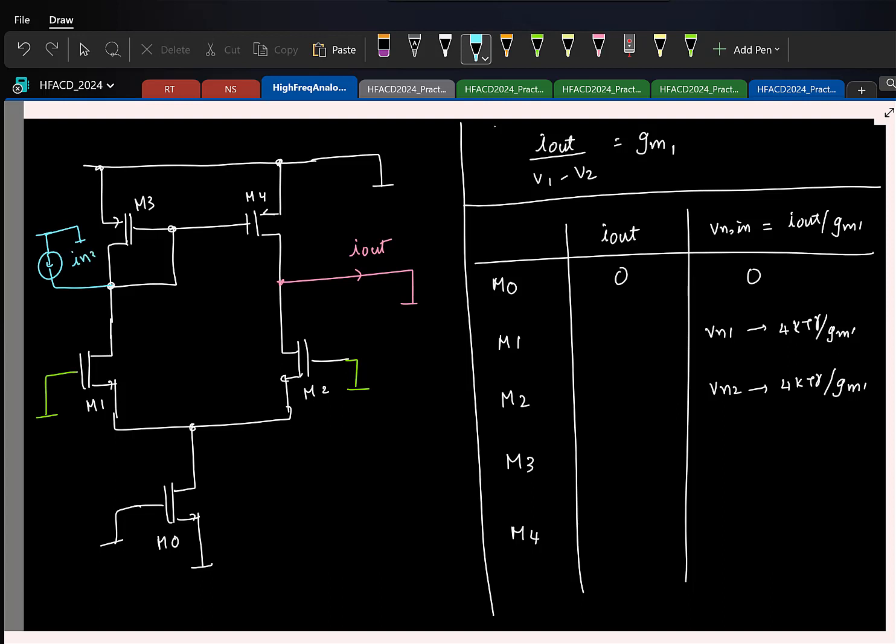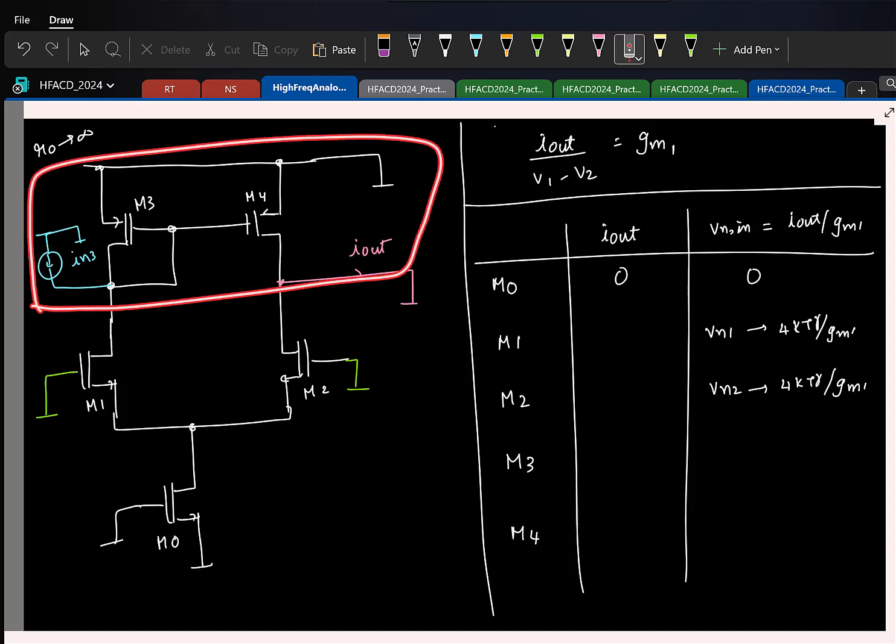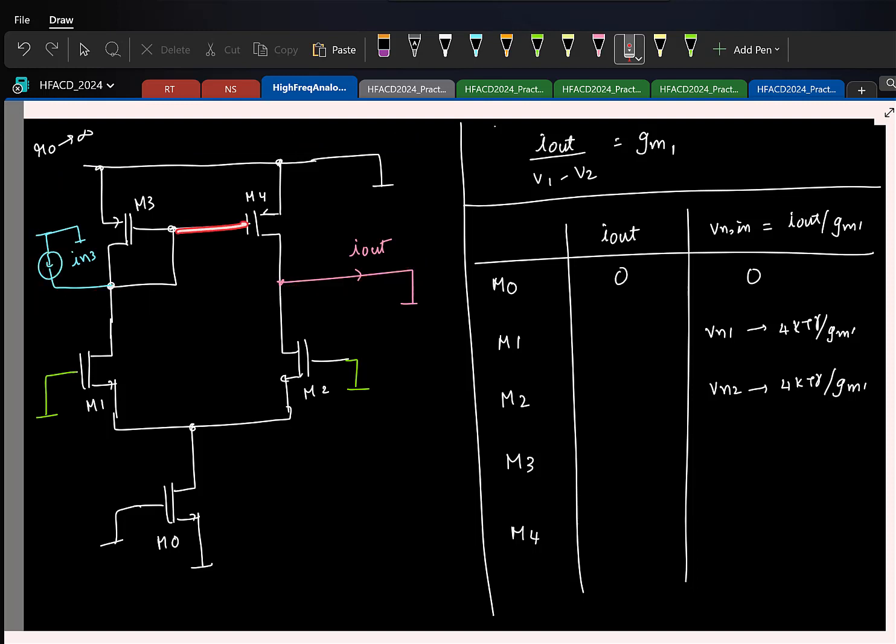Now let's assume R0 to be infinity for noise calculations. So looking down, it's completely open. So I am injecting a current source into a diode connected transistor, and that's copied onto transistor M4. This is your classical current mirror. So whatever current you are injecting here flows to M3, that exactly gets mirrored onto M4. So the current in this direction is the same as IN3.